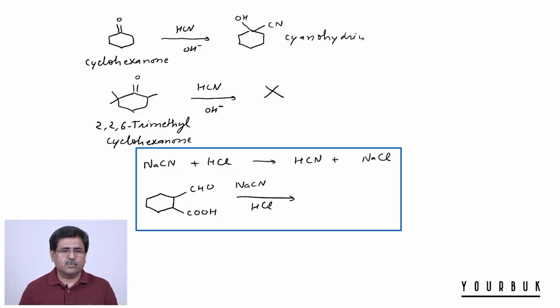Now the question is, what is the product formed? Sodium cyanide combines with hydrogen chloride to first give hydrogen cyanide, then hydrogen cyanide adds across the aldehyde to form cyanohydrin. So this is the product of this reaction. So this is the reaction of aldehydes and ketones with hydrogen cyanide to form cyanohydrin. But remember, ketones are less reactive than aldehydes towards nucleophilic addition reactions.